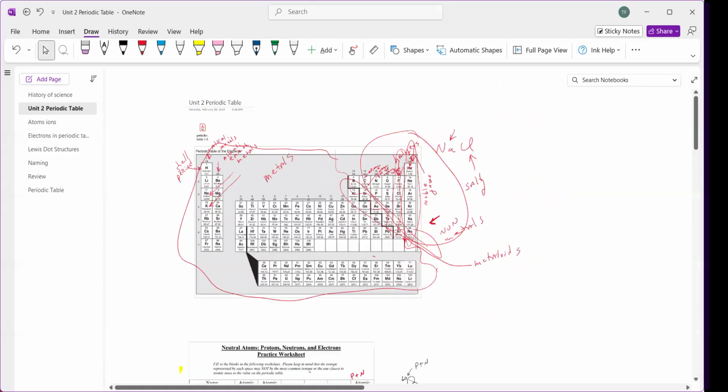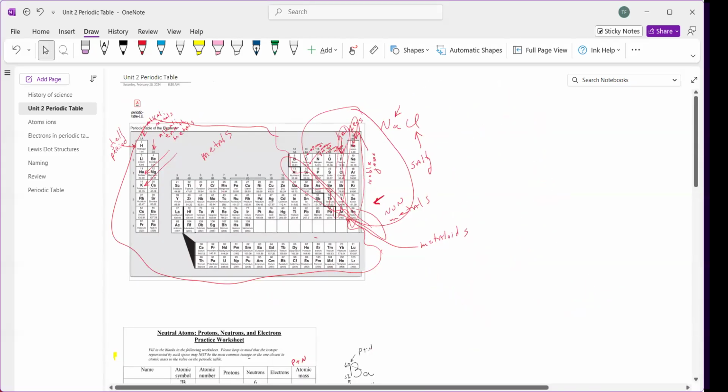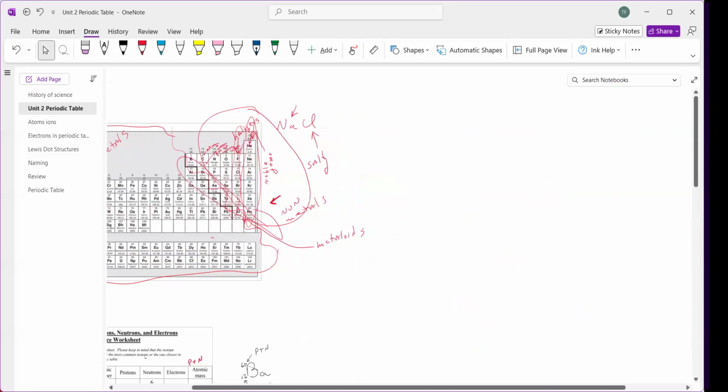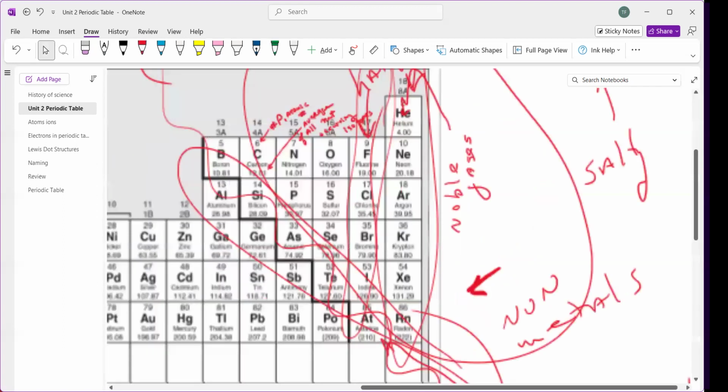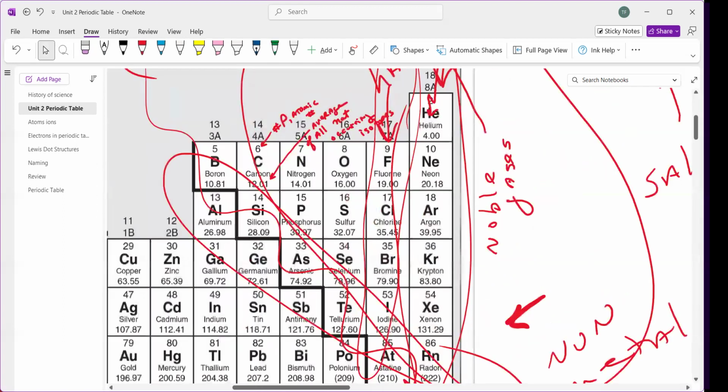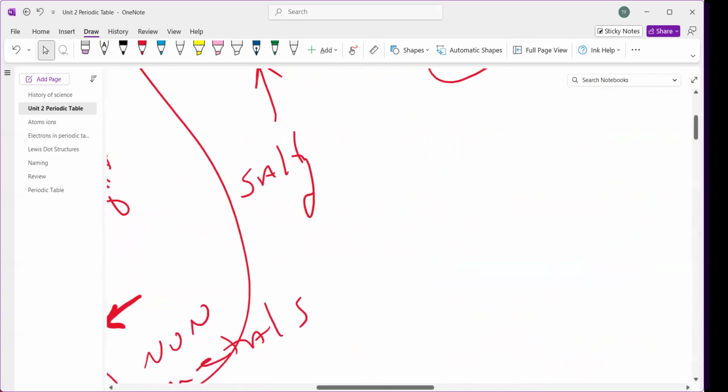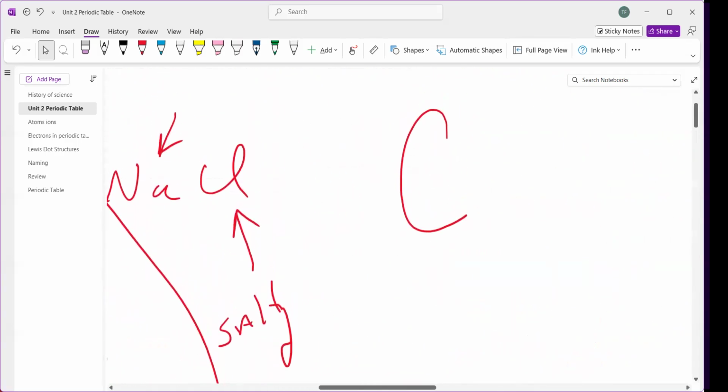Okay, so let's talk now about some of these elements. Let's look at carbon. Now, we look at carbon on the periodic table. Notice there are the two numbers we already talked about, 6 and 12.01. When we write an element, normally we reflect the atomic number, or the number of protons, on the bottom.